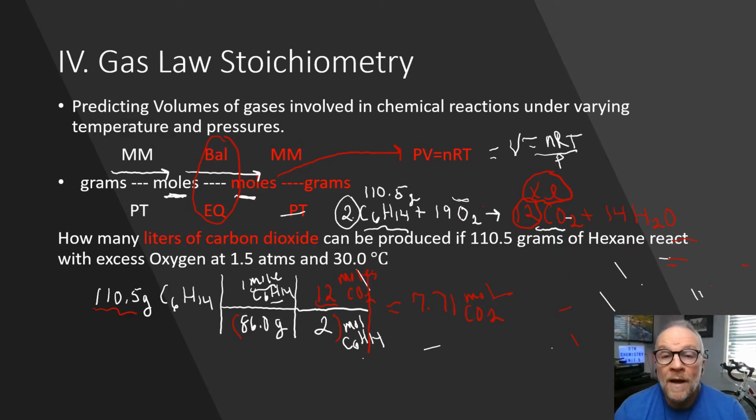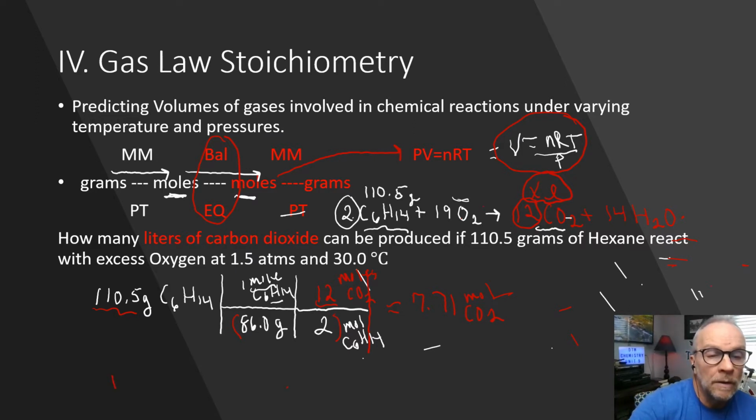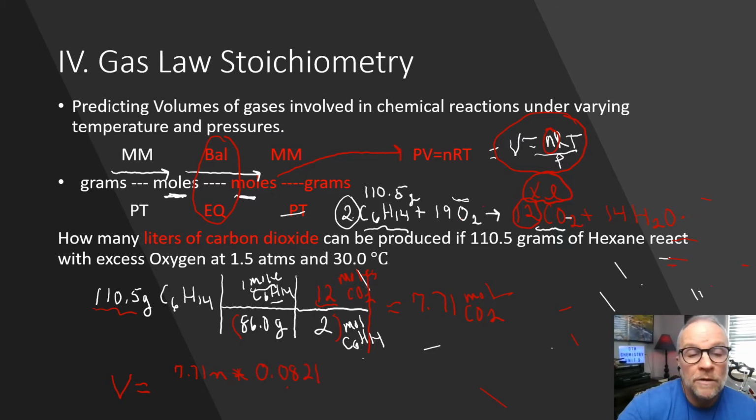So here, now that we have our molar amount, we can use our PV is equal to nRT to adjust the volume for those conditions. So the volume here will be equal to 7.71. That's our mole amount. Our R value is 0.0821 liter atmospheres per kelvin mole. Those are the units for our R value.